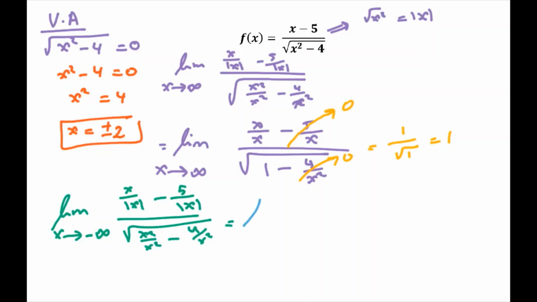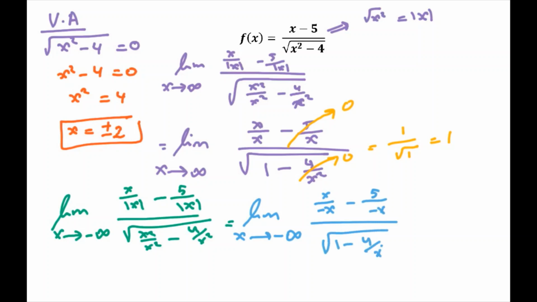So it's going to be the limit of x over negative x minus 5 over negative x, then square root 1 minus 4 over x squared. Now, we know that this is going to be 0, and this is going to be 0. x divided by negative x is -1 over a square root of 1, which is equal to -1.